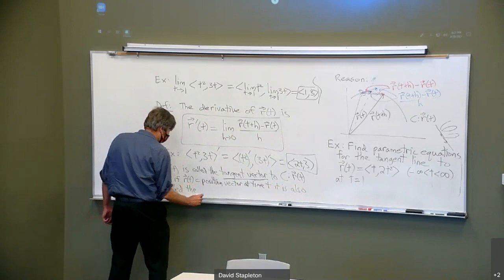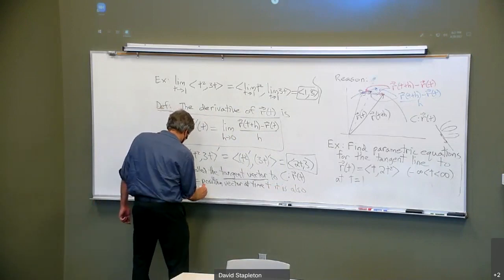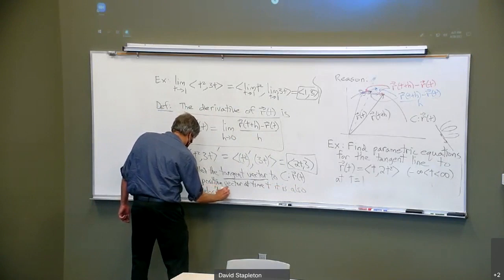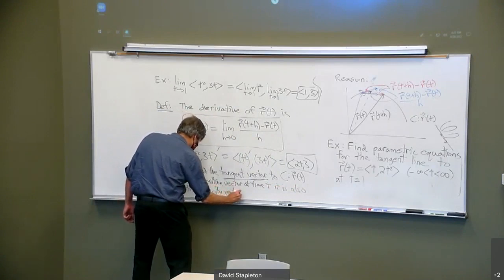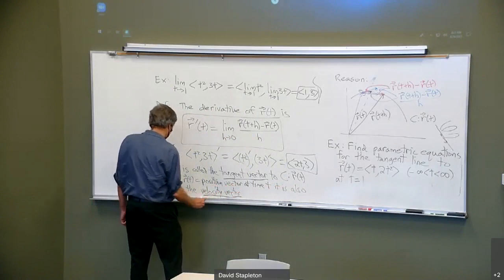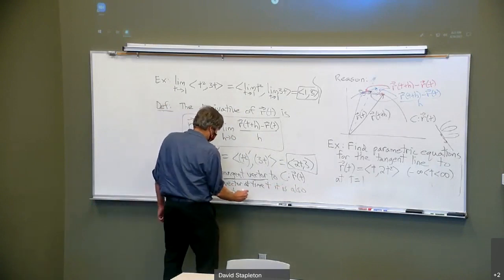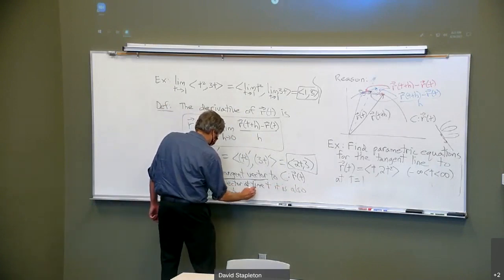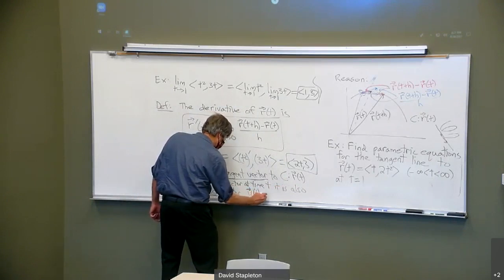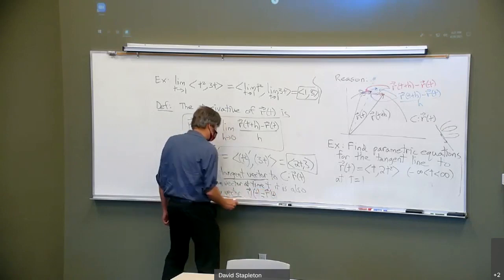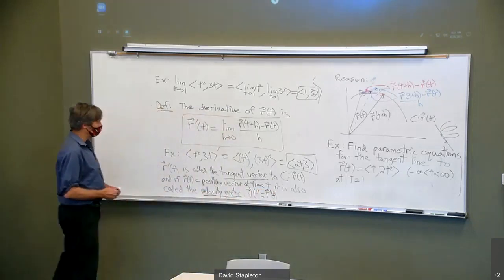So it's the tangent vector always, and it's the velocity vector. That is, v of t, the velocity vector, is defined to be r prime of t when r of t is position.